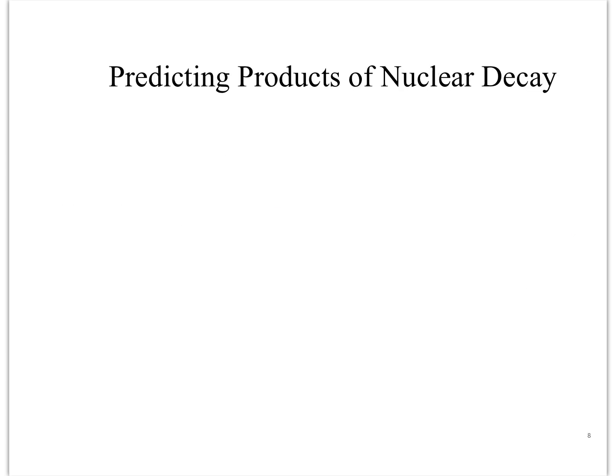Now we are going to do a few practice problems here. First of all, we are going to predict the product of nuclear decay. We are going to look at uranium with 92 as the atomic number and 239 as the mass number.